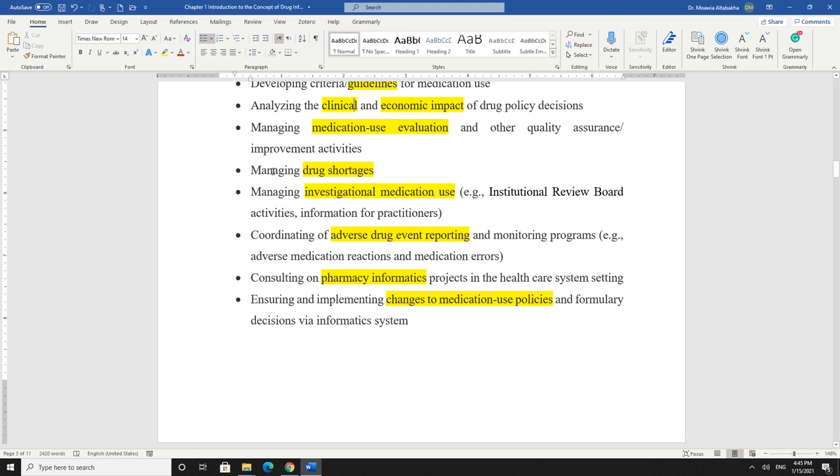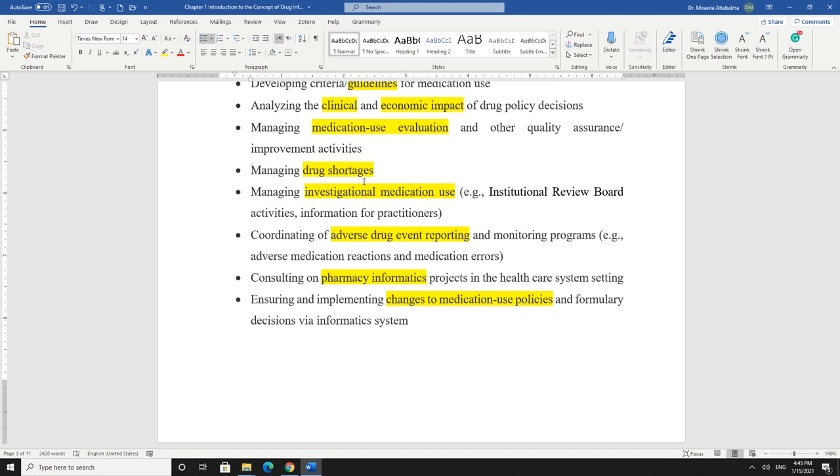Also, you can manage drug shortages. For example, you will see that your hospital is always short of a certain drug, so you might need to increase the procurement of such drugs, or you might need to store such drugs in large quantities in your facility.